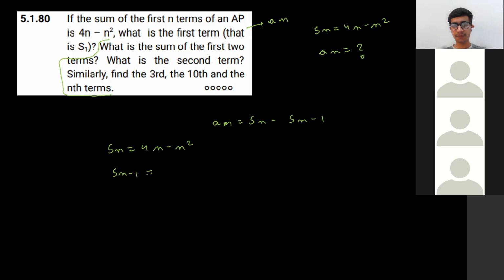So it will be 4 times n minus 1 minus n minus 1 the whole square. So this is Sn, this is Sn minus 1. When you subtract Sn minus 1 from Sn, you get the value of an. That's all.